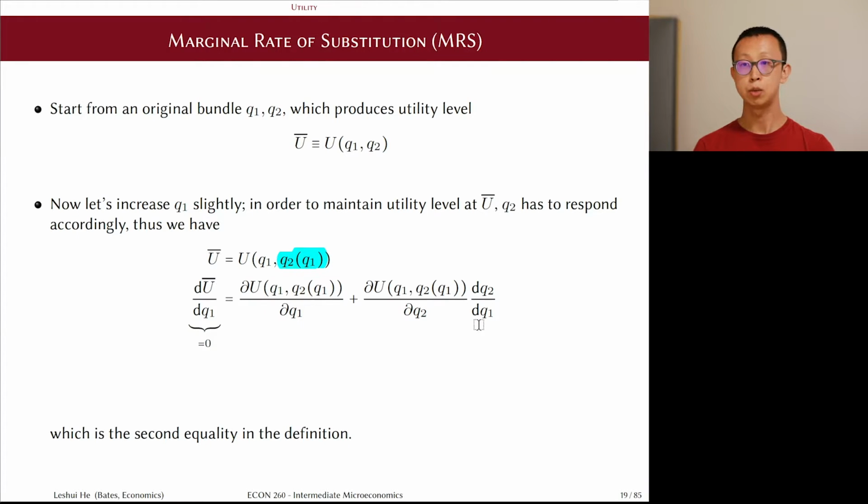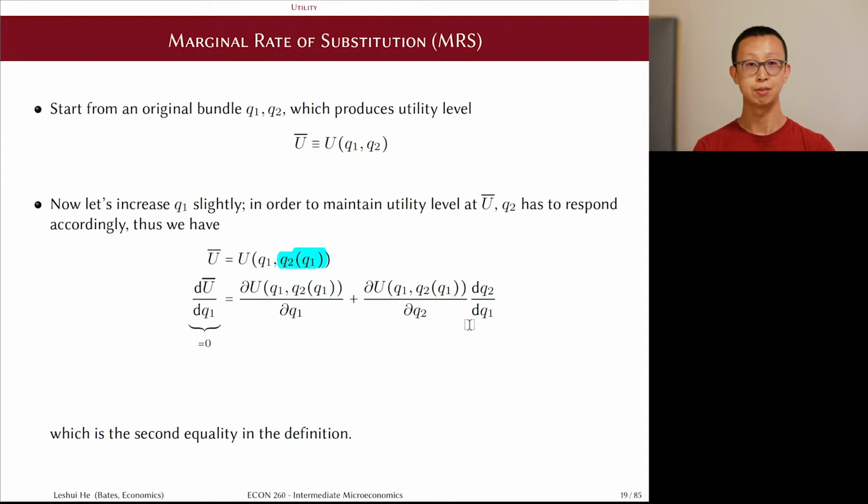So as Q1 increases, we're allowing Q2 to respond as a function of good 1. And as a result of changing good 2, the utility function then varies. Now, the total effect on the utility function is actually the compound of these two separate channels.